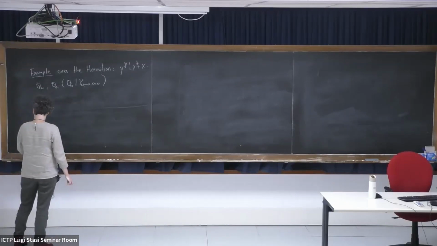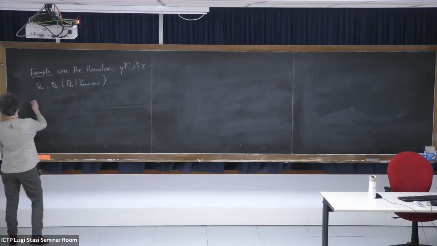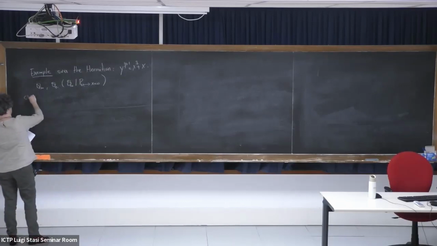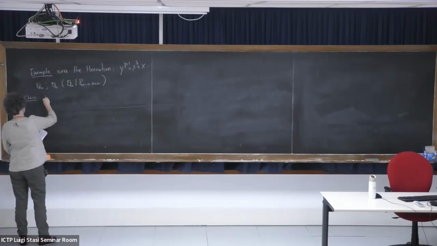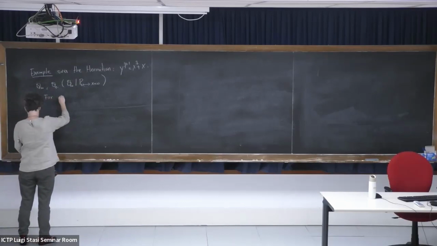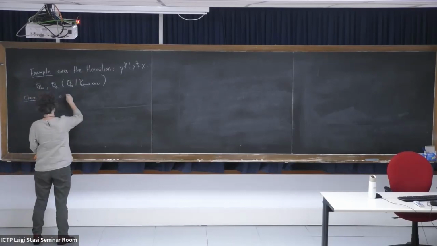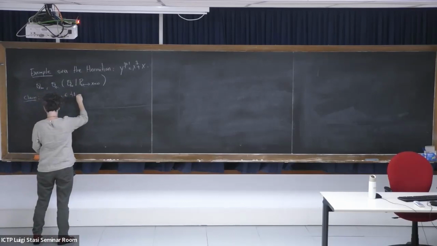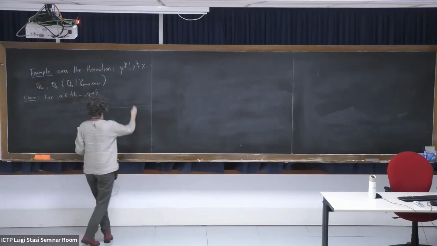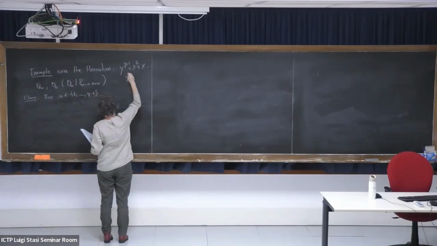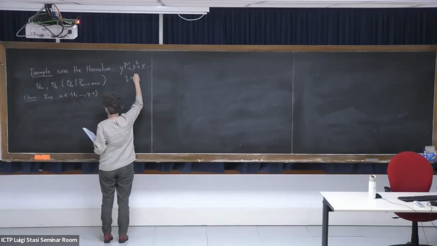So claim 1 is that for A from 1 to Q minus 1, here I need Q to be at least, I don't know, 3 or 5, something.